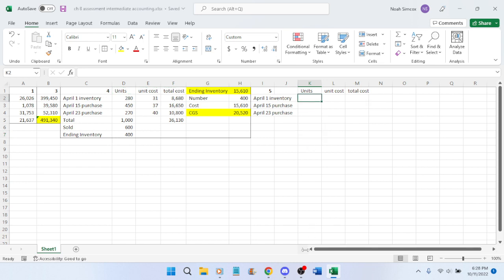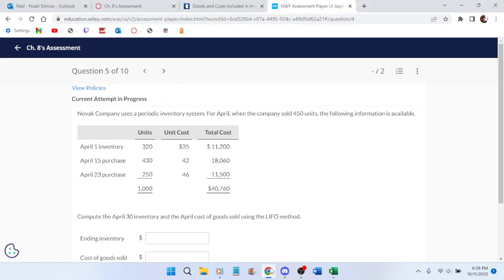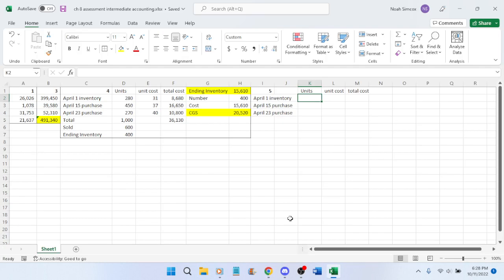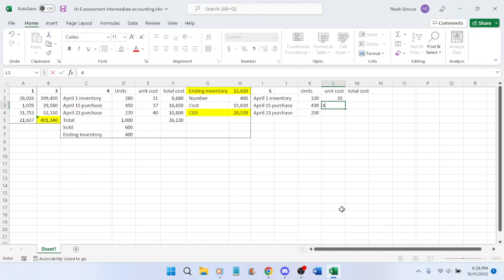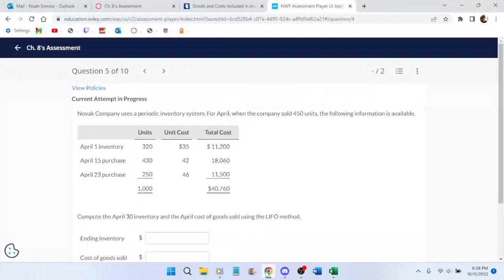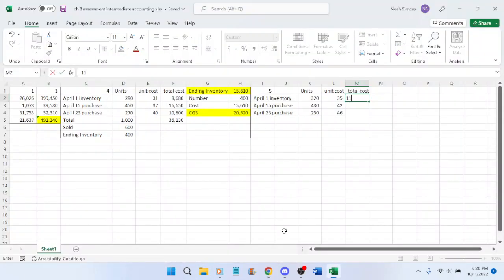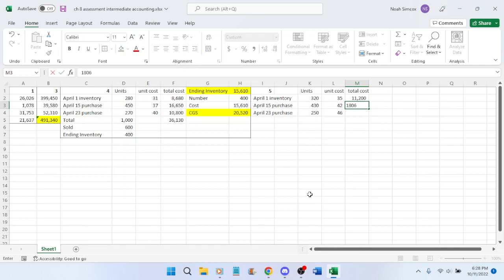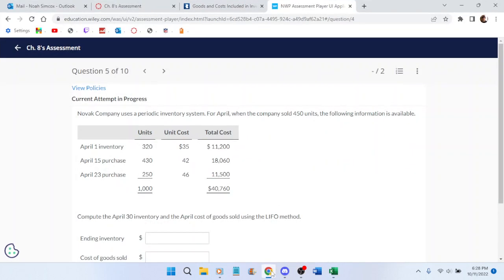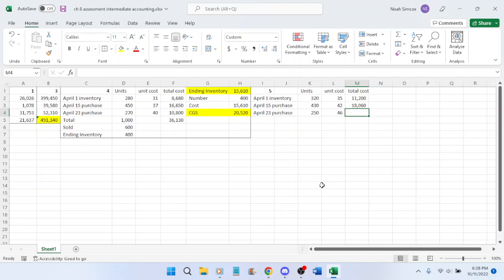So 320, 430, 250. $35, $42, $46. $11,200, $18,060, $11,500. There.